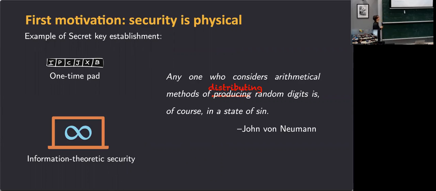There's this quote of Von Neumann that I kind of defaced. It says, anyone who considers arithmetical methods of producing random digits is, of course, in a state of sin. For a one-time pad, we can change producing to distributing. And we need to set the ground of cryptographic security on some fundamental restriction, mainly physical.